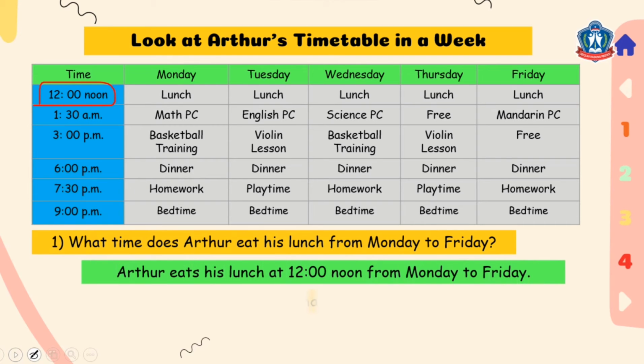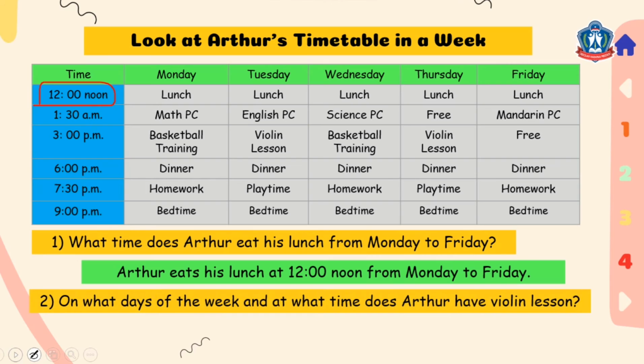How about question number 2? On what days of the week and at what time does Arthur have violin lesson? Can you find the violin lesson? Here. Violin lesson. It is on Tuesday. Here also.